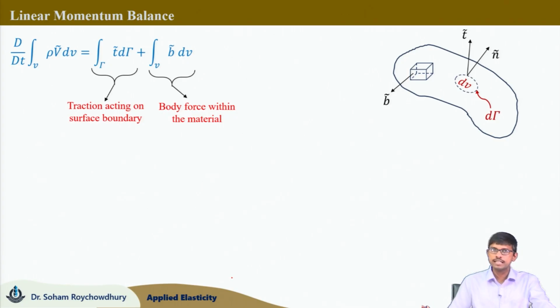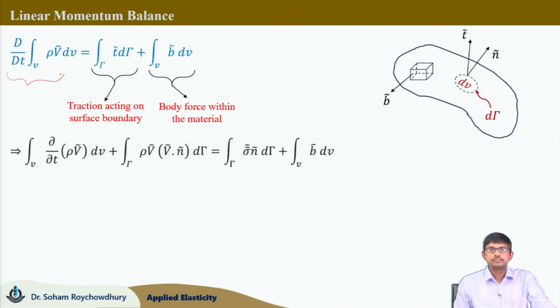On the surface T is acting, within the body the body force B is acting, and both of them are included here, total surface traction and total body force are added. So, the rate of change of linear momentum, the left hand side, is defined to be the net external force acting on the body, that is the surface integral of T d gamma and the volume integral of B dV.